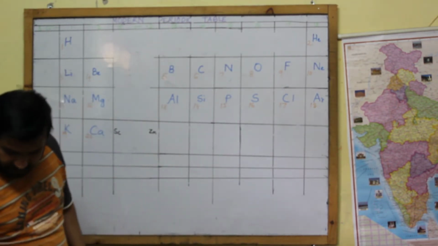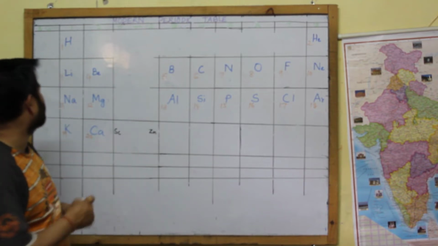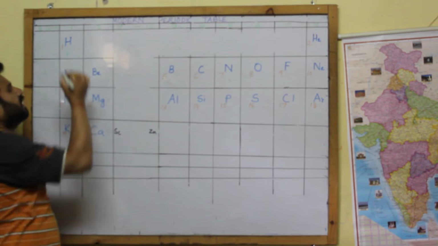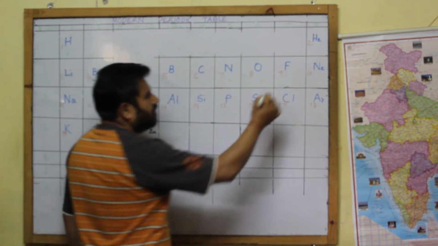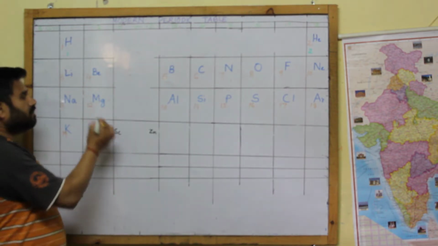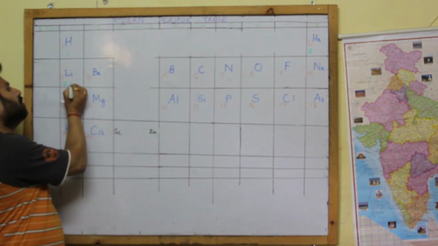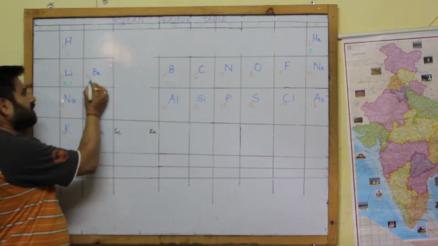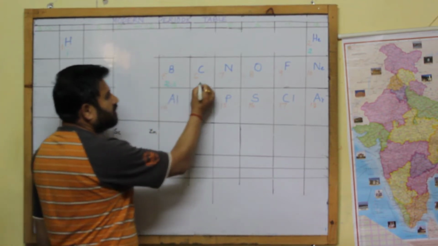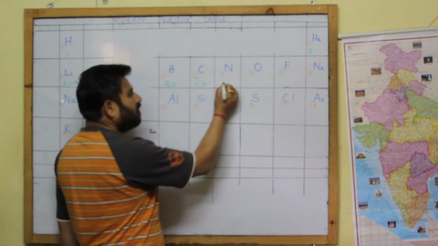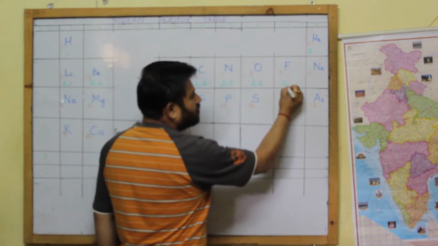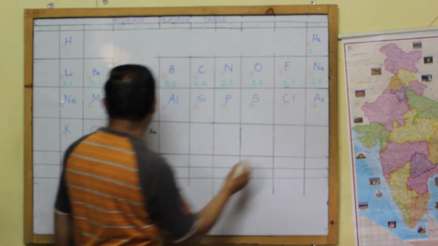Next, what we need is the electronic configuration of these. Hydrogen, in the KLM shells, is 1. Helium is 2. Lithium is 2, 1, which you have studied in class 9. Beryllium 2, 2, boron 2, 3, carbon 2, 4, nitrogen 2, 5, oxygen 2, 6, fluorine 2, 7, neon 2, 8.